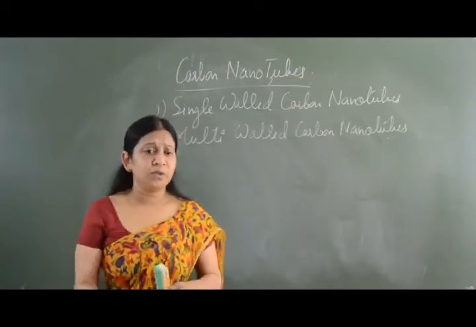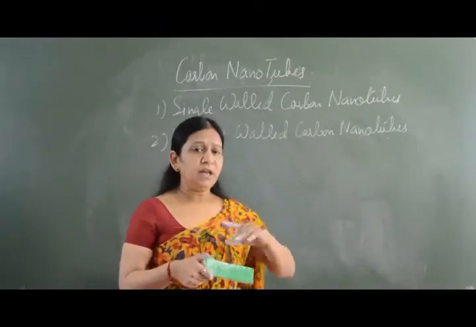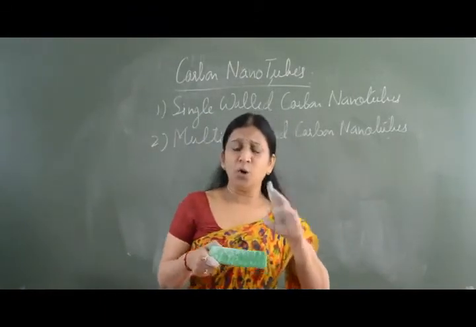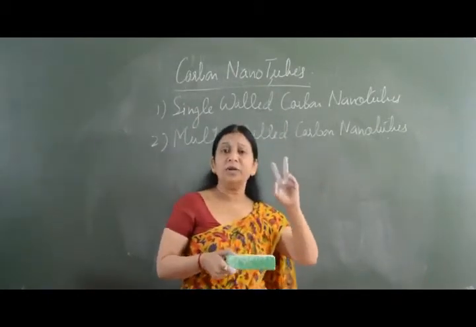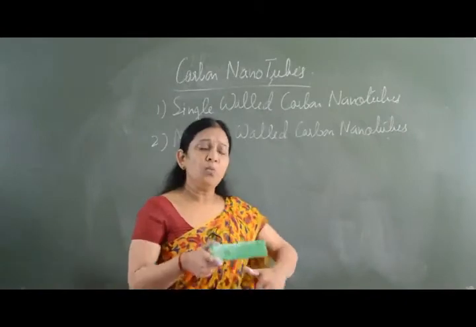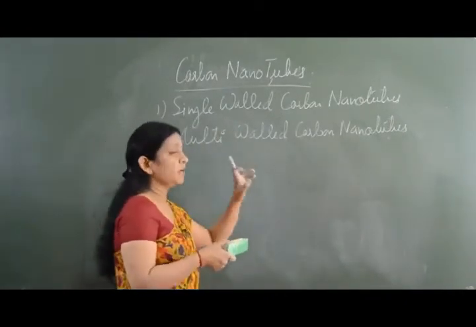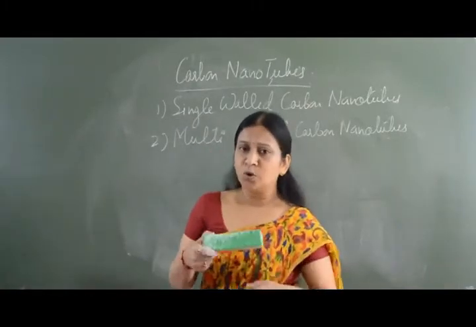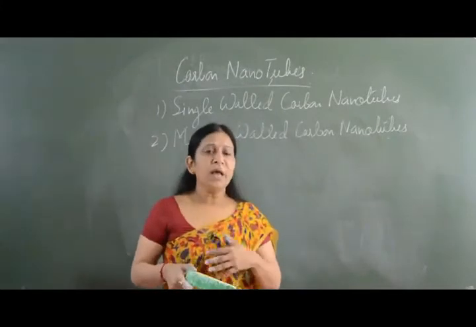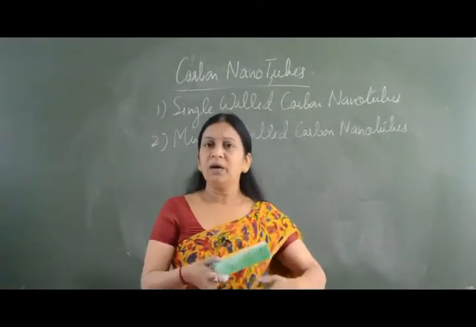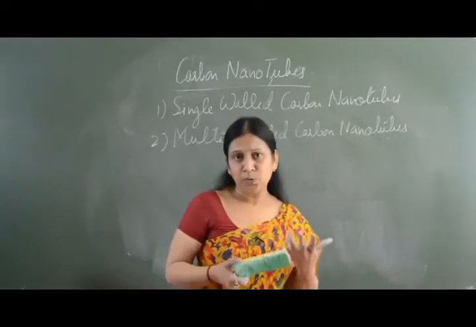Nanotubes are basically a sheet of graphite. The difference between the two is this: if I roll one graphite sheet, or one layer of graphite, then we form a single walled carbon nanotube, and if I roll more than one layer of graphite, then I get a multi-walled carbon nanotube.